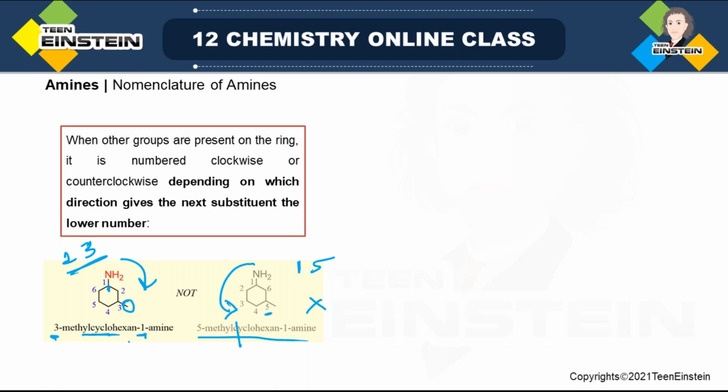Okay, because cyclohexane, that means obviously cyclohexane is there, the position of methyl is 3, so there must be some position 1 and position 3. So at 3 you will place methyl and at 1 you will place NH2. So yes, this is correct. In this way you can verify whether the nomenclature that you have done is correct or not.